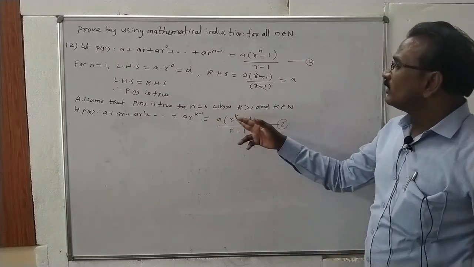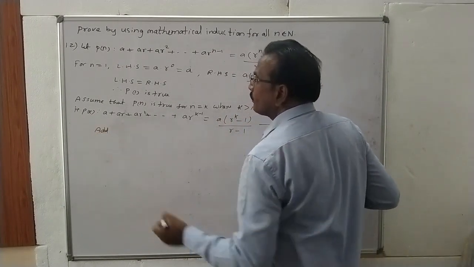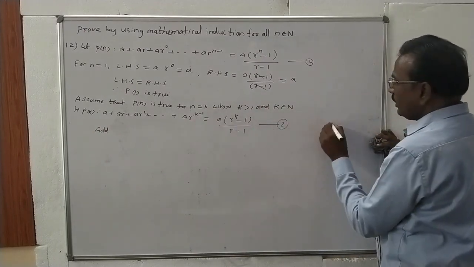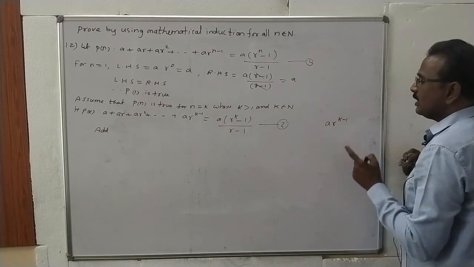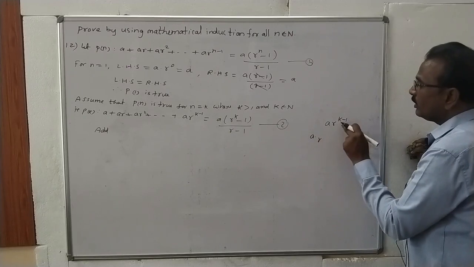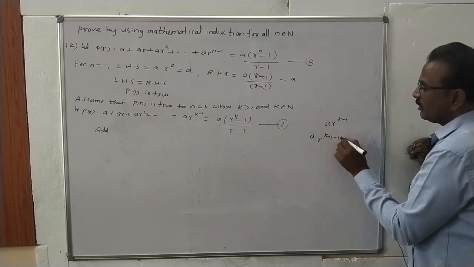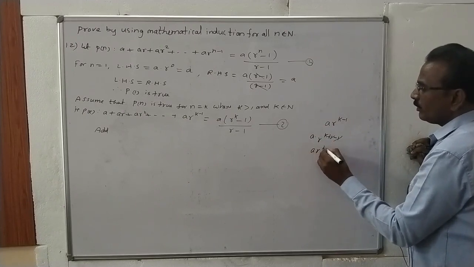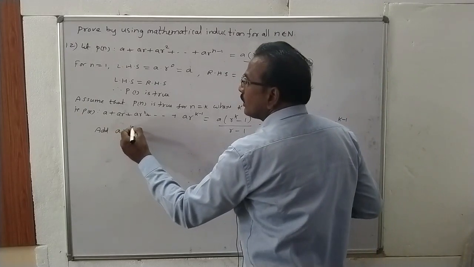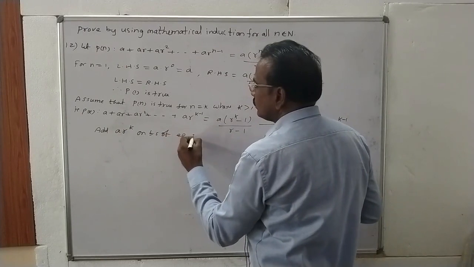We need to prove in place of k, k plus 1. Here first identify the kth term, a into r power k minus 1. Just replace k by k plus 1 in the kth term: a into r power k plus 1 minus 1. Here minus 1 plus 1 cancel, a into r power k. Add this term on both sides of equation 2.